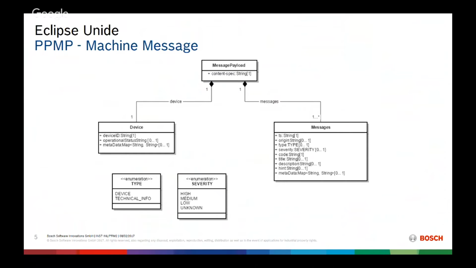What we can also transport with this device object is the operational status. So maybe if your device is in maintenance mode or is working properly, you can set that there, but you don't have to. Also what you don't have to use is the metadata field.